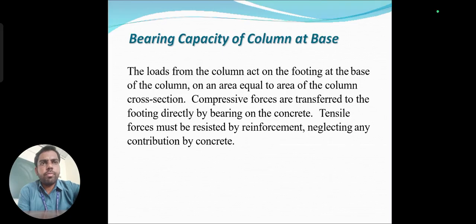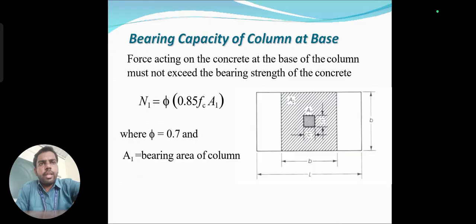Next one, bearing capacity of column at base. The loads from the column act on the footing at the base of the column, over an area equal to the area of the column cross section. Compressive forces are transferred to the footing directly by bearing on the concrete. Tensile forces must be resisted by reinforcement, neglecting any contribution by concrete.